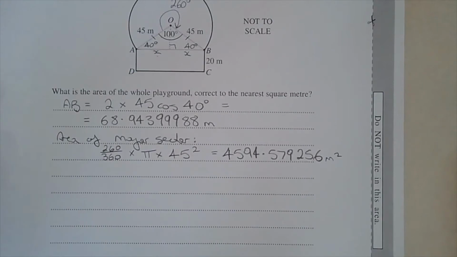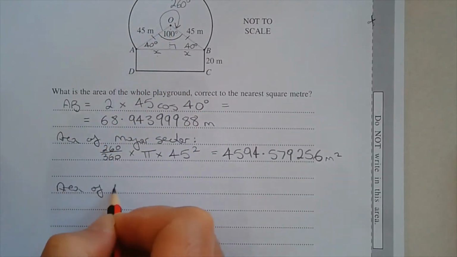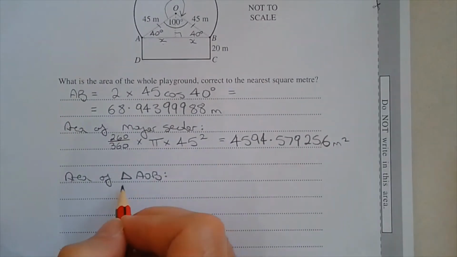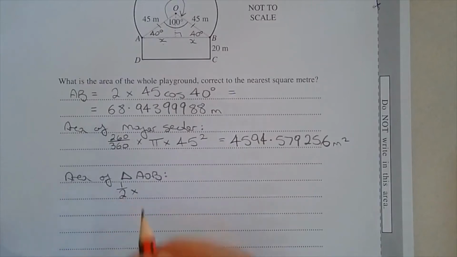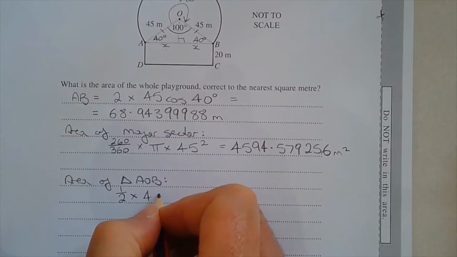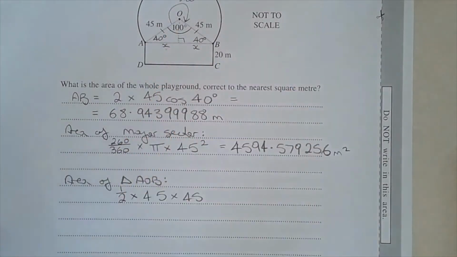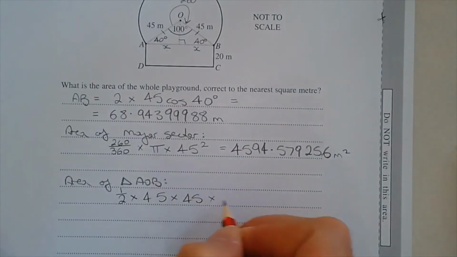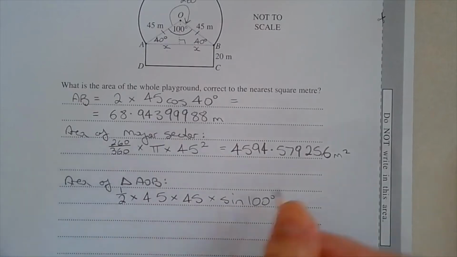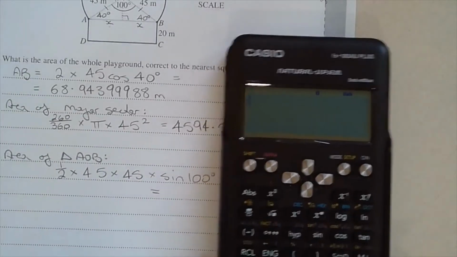Now area of triangle AOB. We have half AB sine C, so half multiplied by 45 multiplied by 45. Again, the two known sides and the included angle, multiplied by sine of 100 degrees. I'll just put the answer here since I'm running out of space.